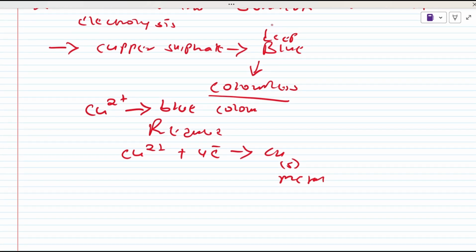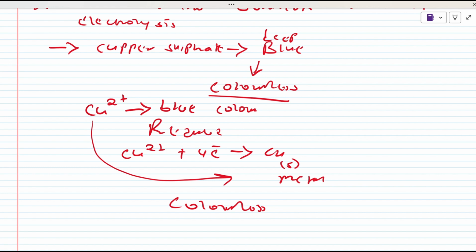So copper ions keep on being reduced to form copper metal. And remember, they're the ones responsible for the color characteristic. That's what's causing the solution to change color from blue to colorless.